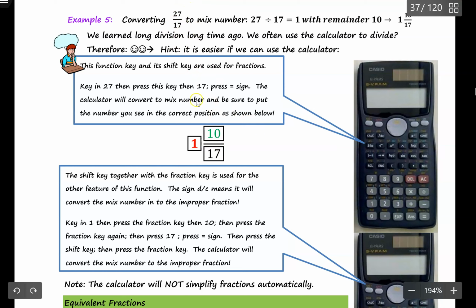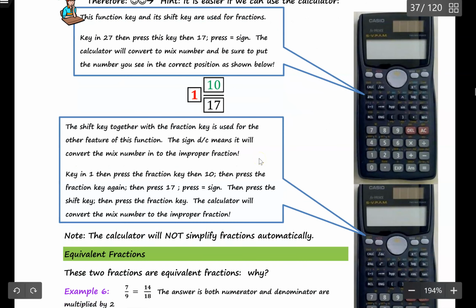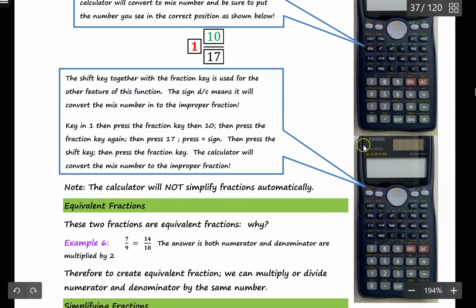I want to convert that into a mixed number, and we know that it will become 1 as the whole, 10 as the numerator, and 17 as the denominator. It's very simple by just pressing a few keys on this calculator right here.